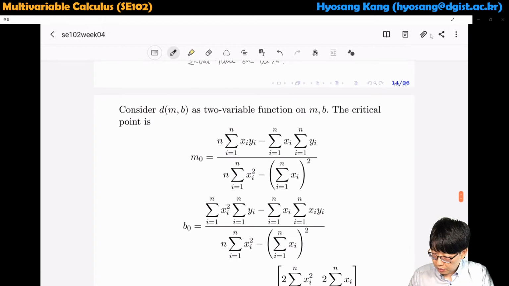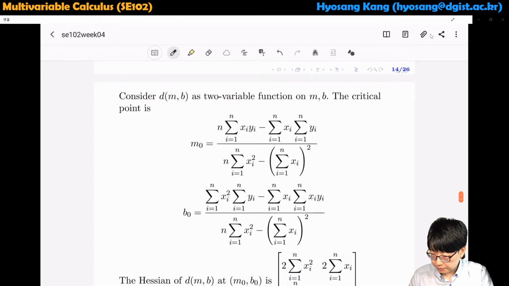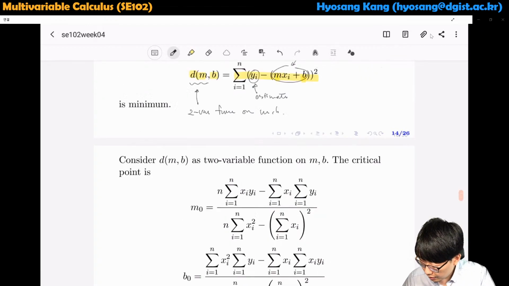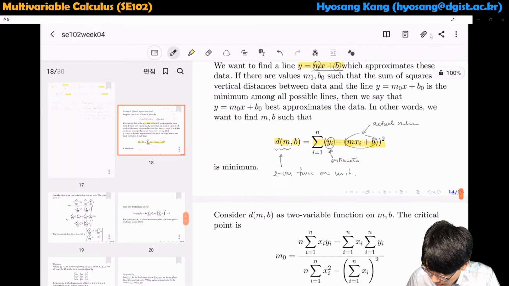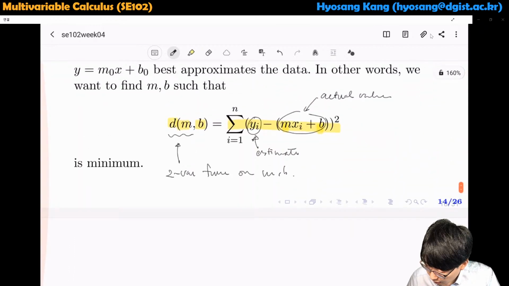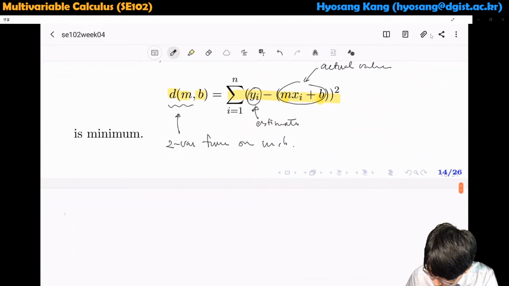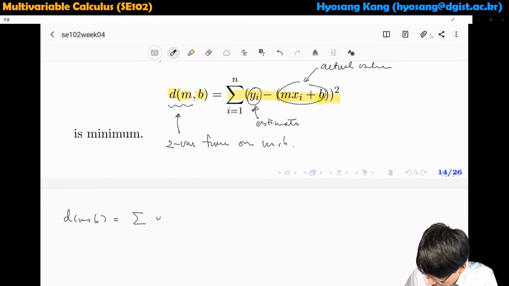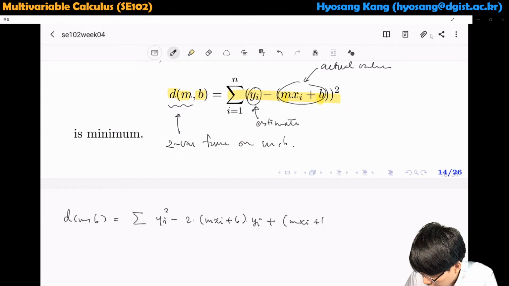So what's the critical point? It needs some work here, so let me add another page. We have d of m and b equals the sum of yi squared minus 2 times the quantity mxi plus b times yi plus mxi plus b squared.